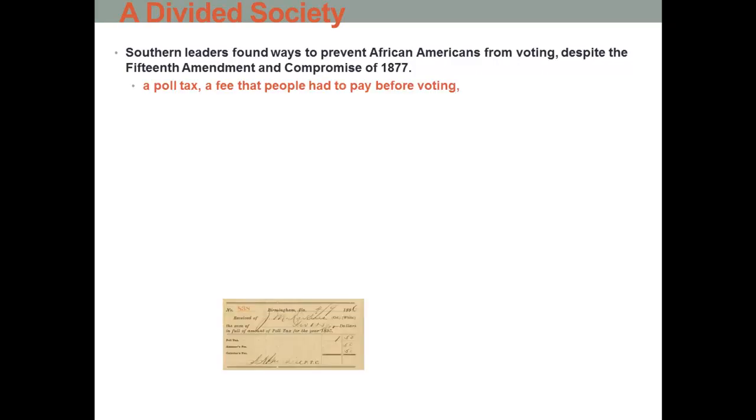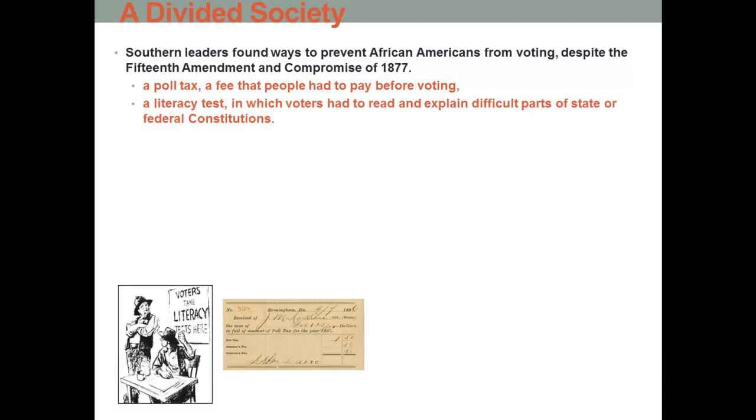Some of the strategies used were, first, a poll tax, or a fee that people had to pay before voting. Most of the freedmen did not have money to pay the poll tax, so they could not vote. Another way was a literacy test, requiring voters to read or explain very difficult parts of state or federal constitutions, which most freedmen could not do.